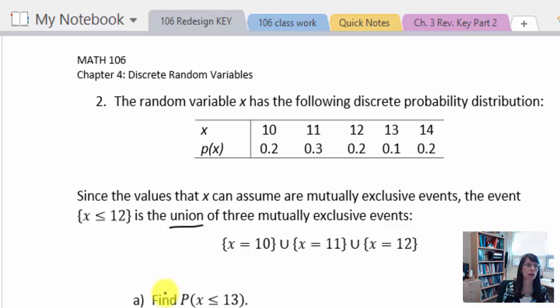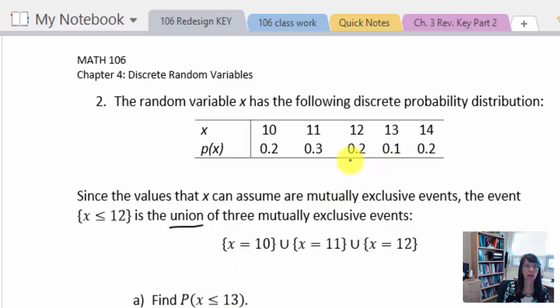For part A, we want to find the probability of x less or equal to 13. Looking back at the distribution, less or equal means that the probability for the number 13 will be included because we do have the equal sign included for the inequality.